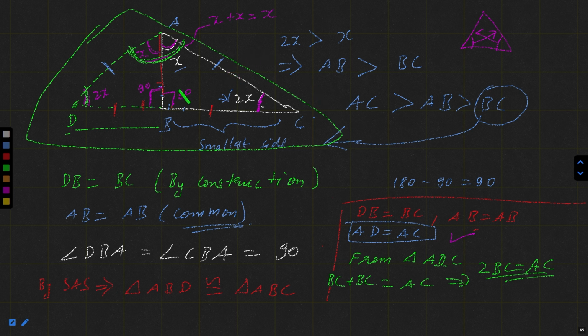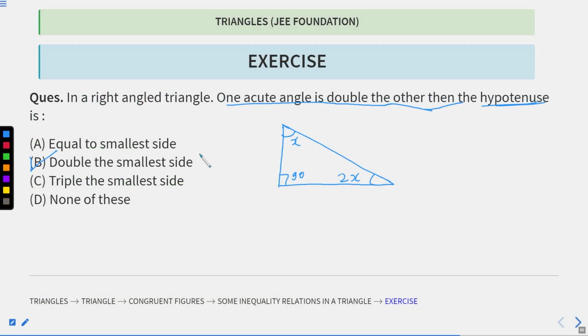What is my AC? Because this is 90 degrees and the side opposite to that angle is called the hypotenuse, AC is my hypotenuse and the smallest side was BC. So this means the hypotenuse is twice the smallest side. I hope the proof was clear.